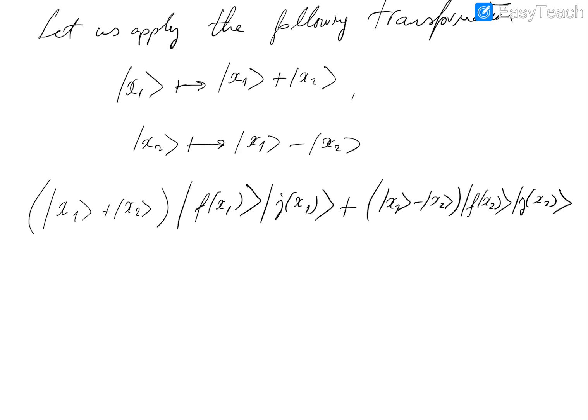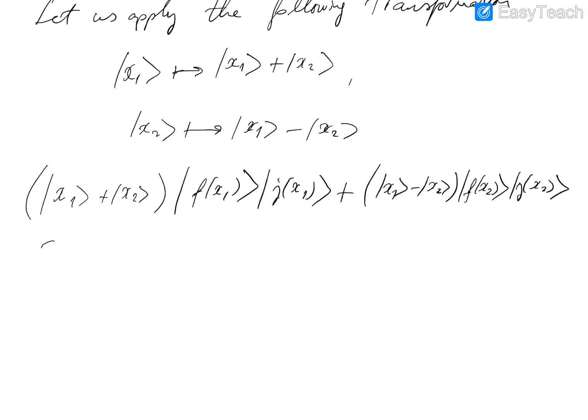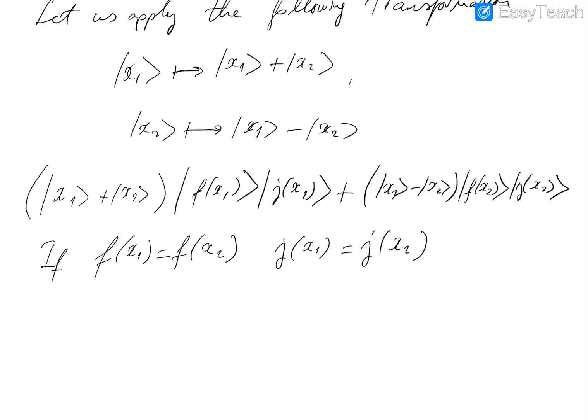Alright, so let's analyze this. Now, if f of x1 is equal to f of x2, and if junk bits of x1, so junk bits produced when given the input x1, is equal to junk of x2, then what happens?